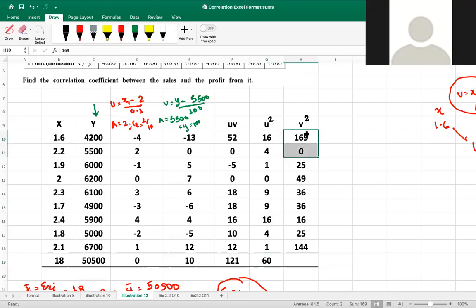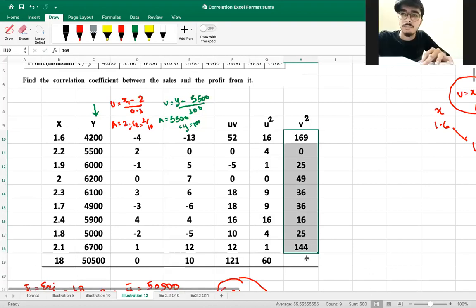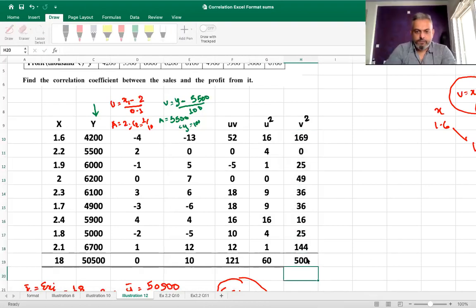Tell me the total. 500. 500, 100. Perfect. Very good.